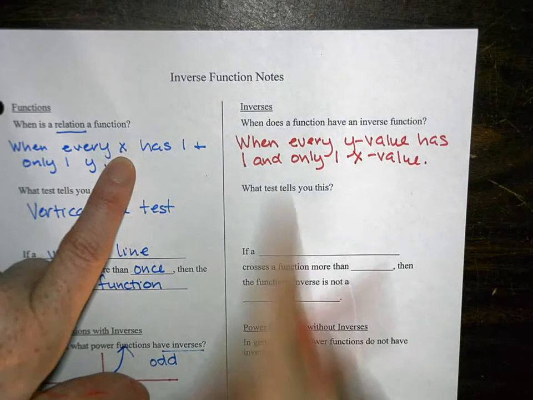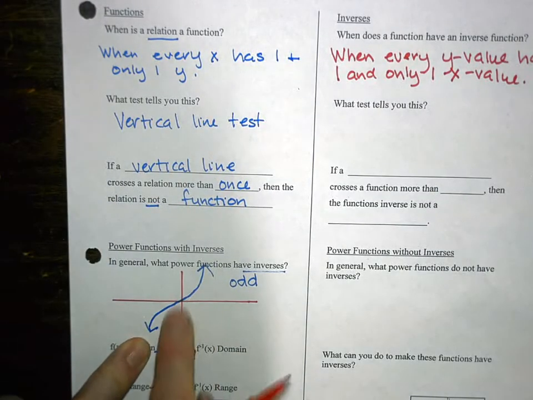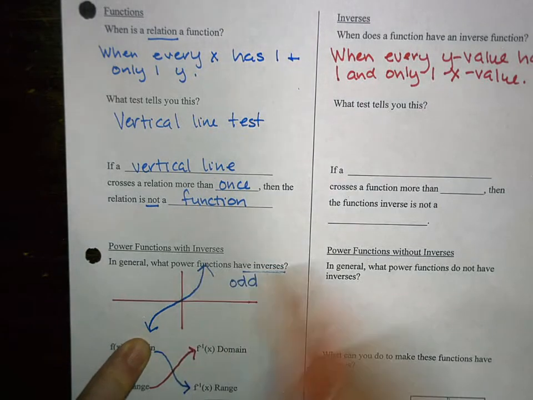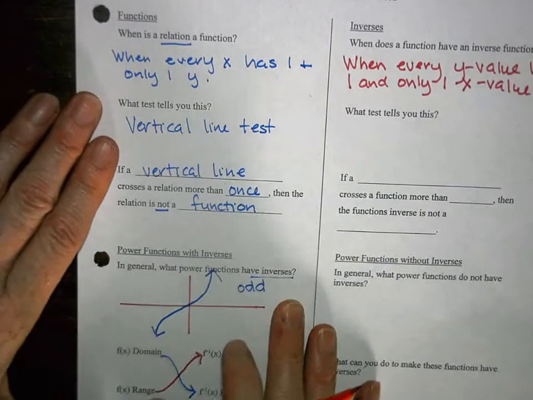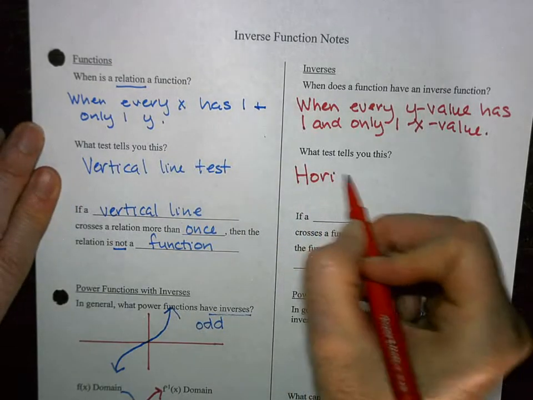So when does a function have an inverse? When every y value has only one x value. What could tell me this? This is the horizontal line test.